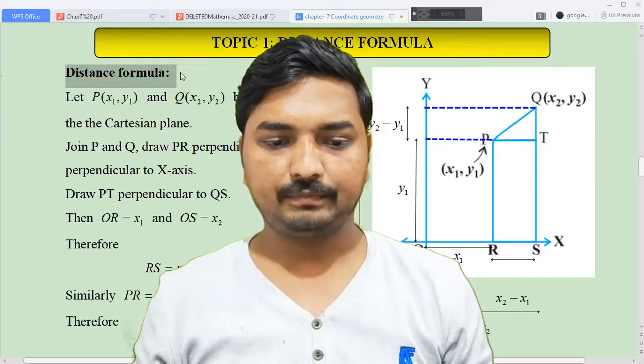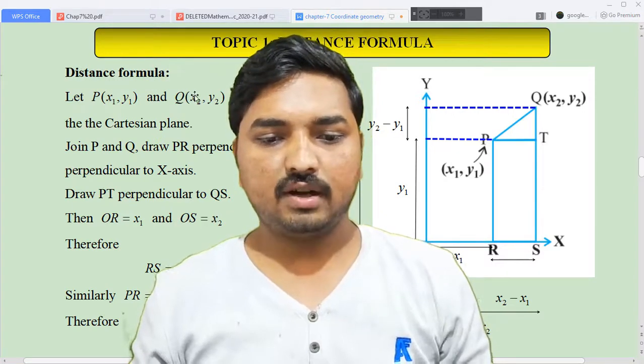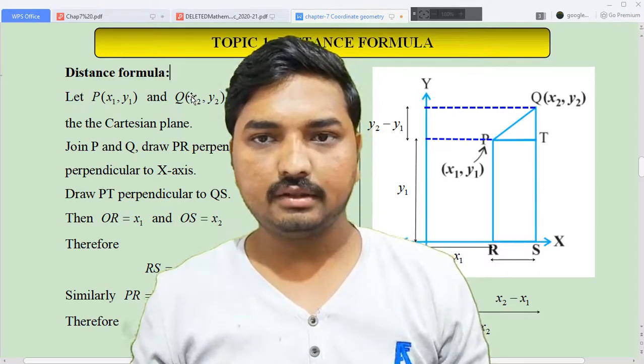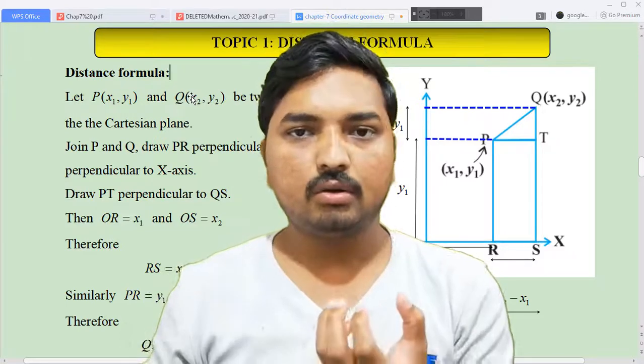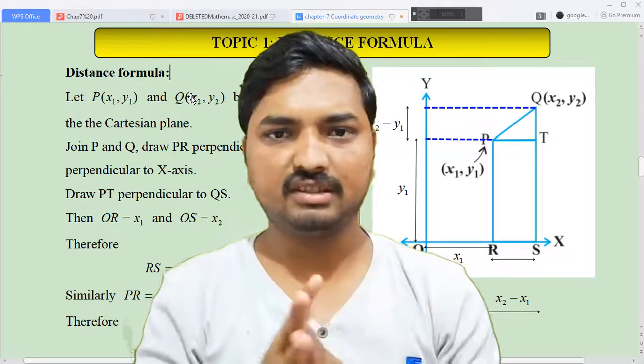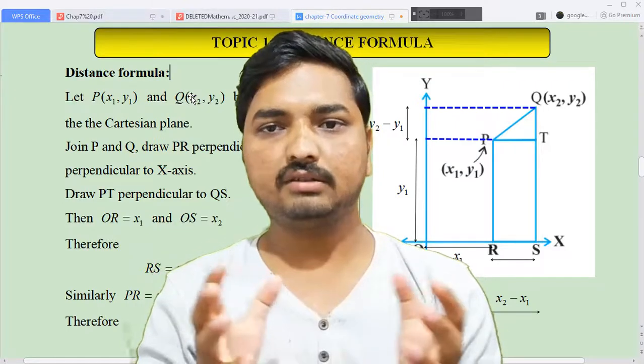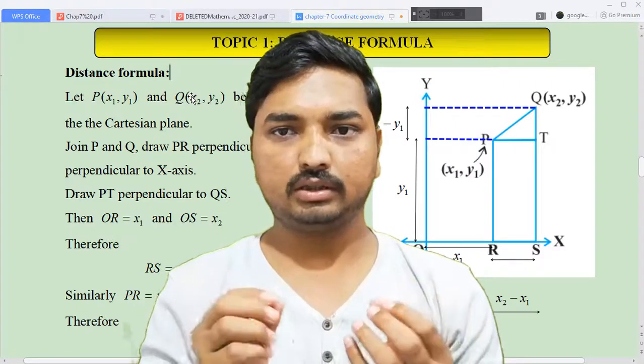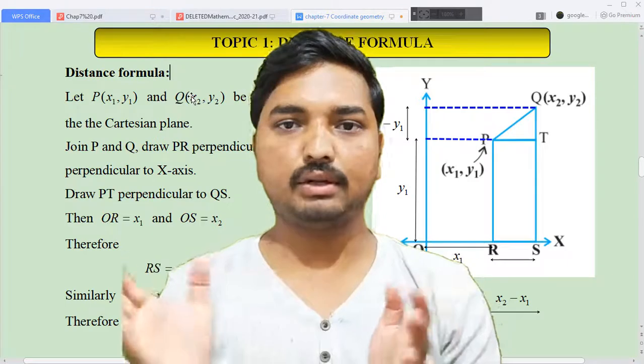Distance formula. First we have to understand the meaning of distance. It is very familiar to you. Distance means you are going to measure the length from one point to another point.